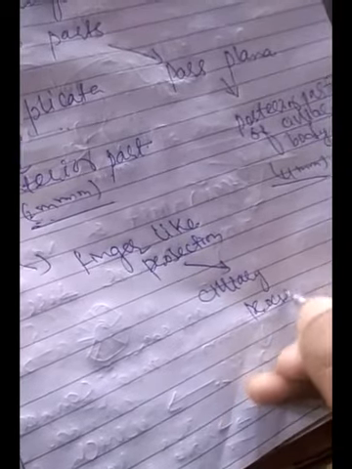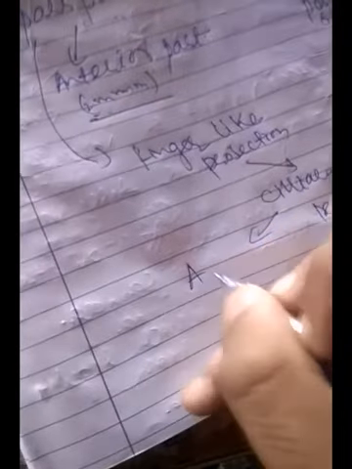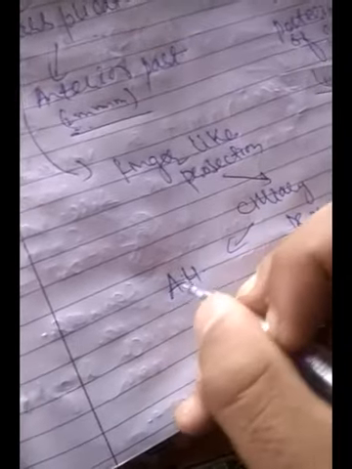Which part of the ciliary body forms the aqueous humor?